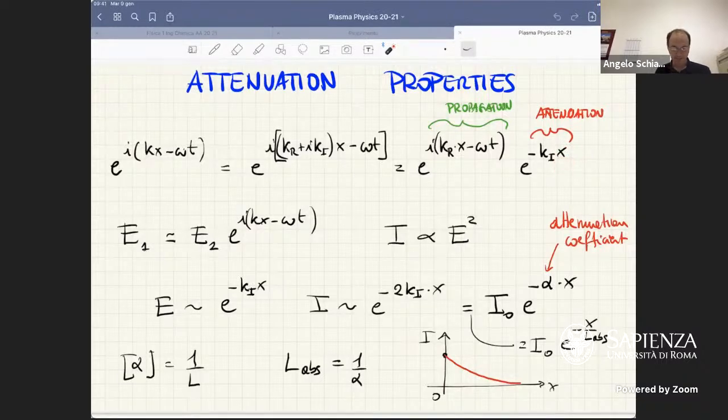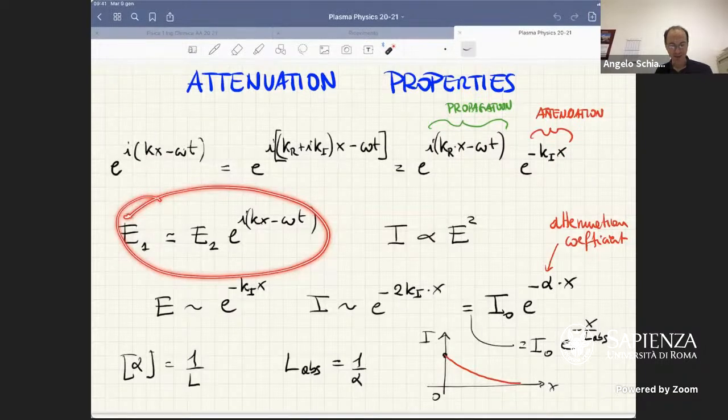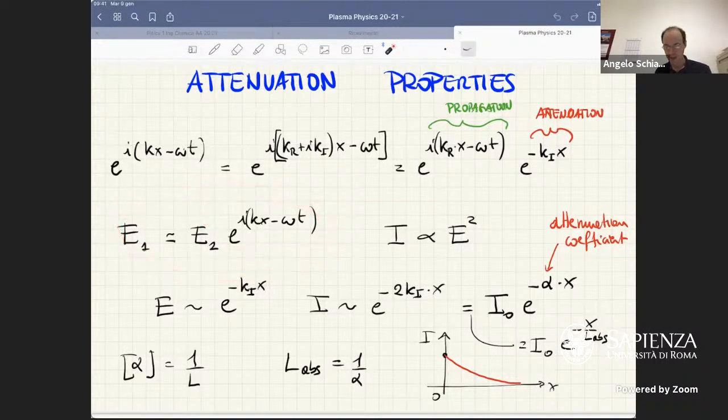So if we remember that the electric field is expressed as an amplitude times the plane wave, and if we remember that the intensity of an electromagnetic wave is proportional to the square of the electric field, then we see that the intensity of the wave is decaying with an exponential factor, and we call this factor alpha the attenuation coefficient.